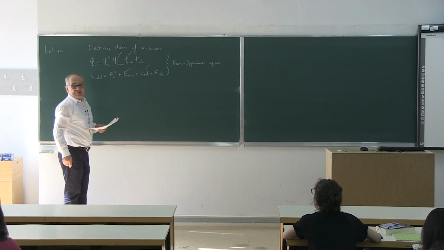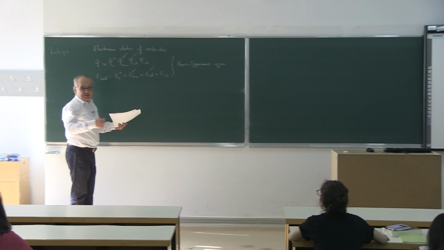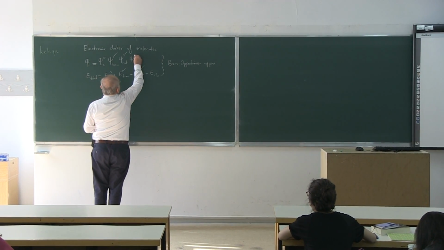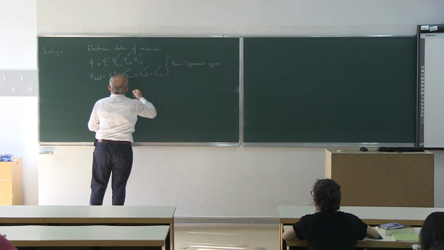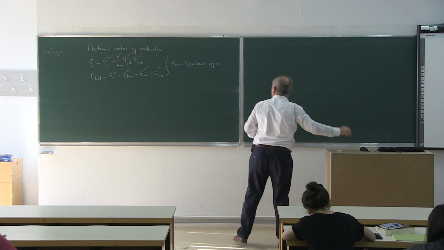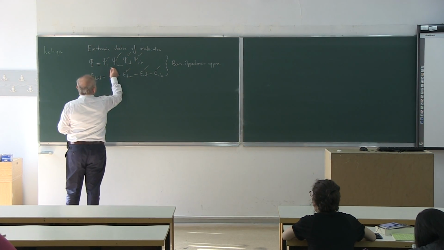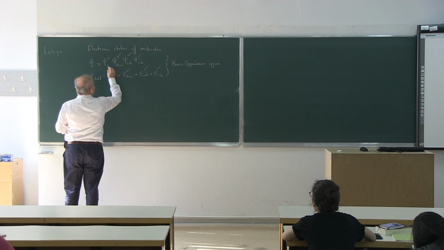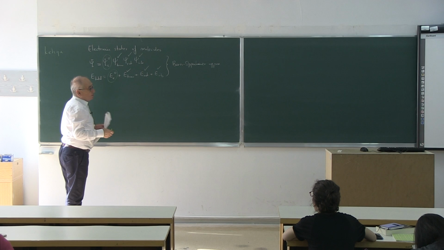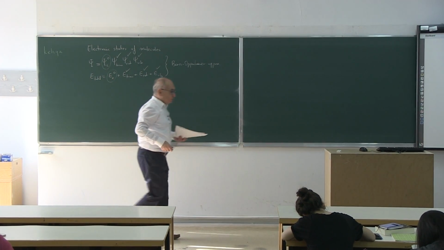Further, we have discussed for a diatomic molecule the vibrational states and the energies. So, we are going to discuss the electronic energy and the electronic state function in the rest of this course.